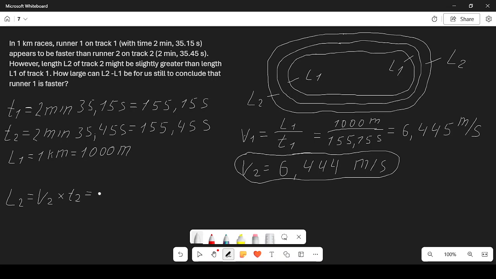So the maximum speed of runner number 2, this is the speed, multiplied by the time which he was running, 155.45, equals.